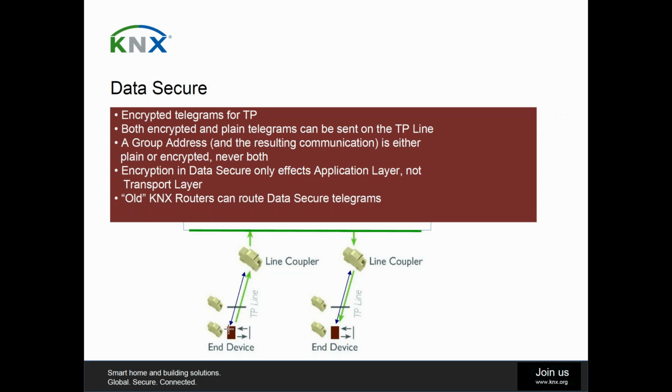But a group address, for example, if you communicate with a group address, then it's either encrypted or not encrypted. So either plain or encrypted. Encryption in data secure only affects the application layer. That means the telegram data is hidden, but you can still see in data secure the receiver and the sender.